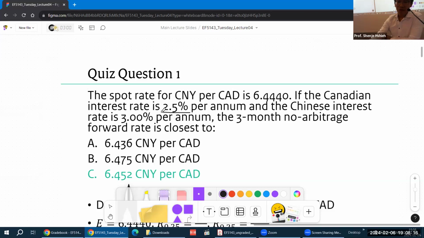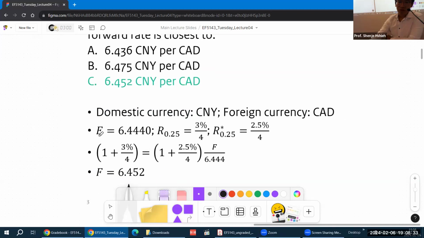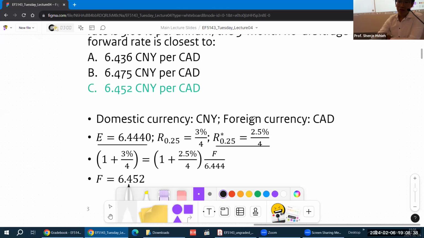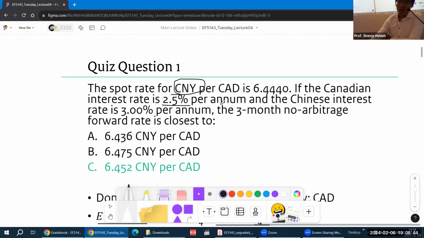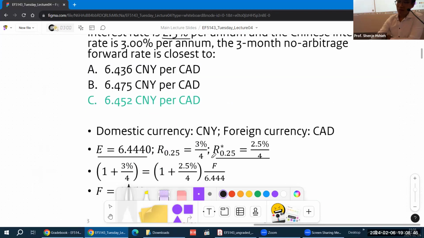All right, so 2.5% refers to the Canadian, so that's foreign, and 3% is the domestic, which is Chinese yuan, right? So R star is foreign, 2.5% divided by 4 gives us 3 months, and 3% is domestic for China, divided by 4 gives us 3 months.